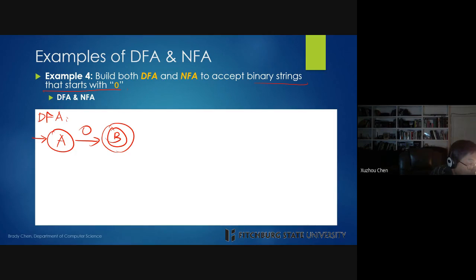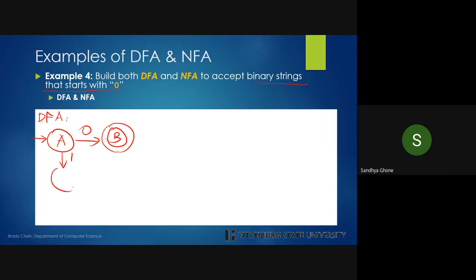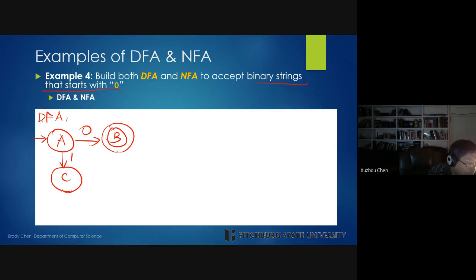Since it's deterministic, we have to decide what happens if we go to 1. What does that mean? It's a dead state, C, and that's a trap, right? So it doesn't matter whether it is 0 or 1 afterwards, because you already started with 0.